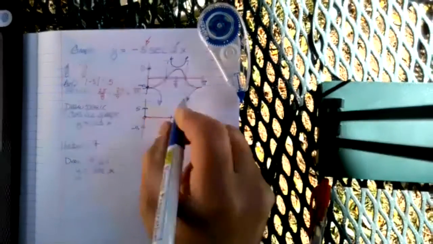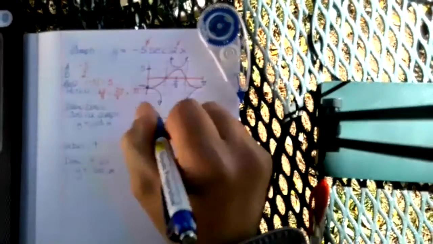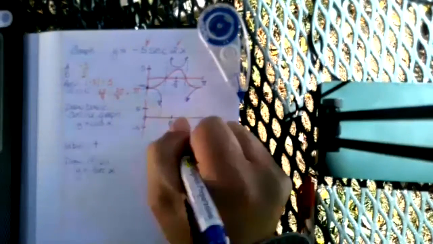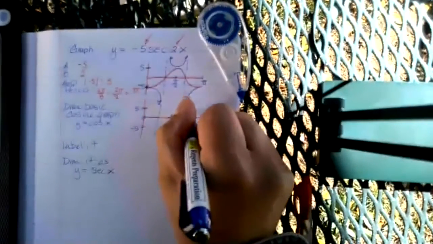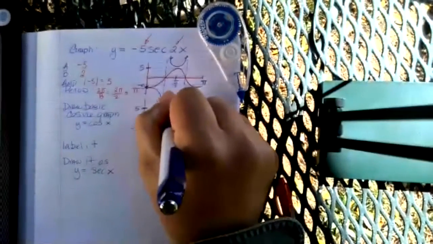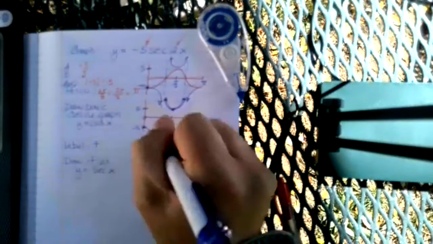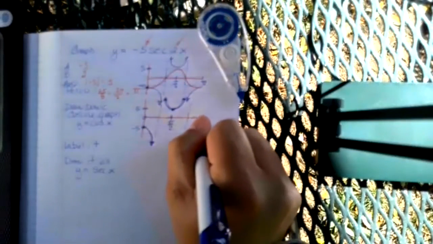So I have pi over 2 here and pi here, and this is going to be 1/4 pi, 2/4 pi. This will be 3/4 pi, and then I have a point here. And I have a point here, and I have a point here.